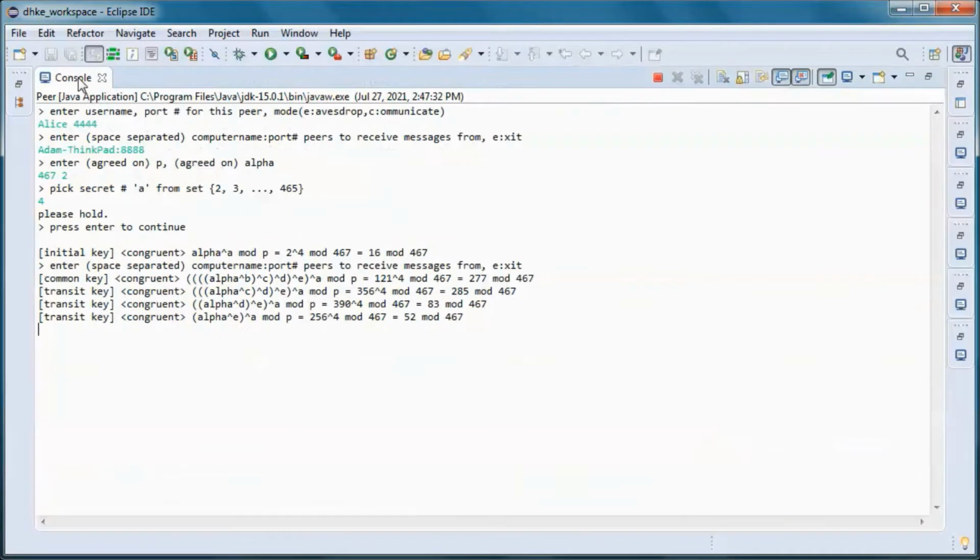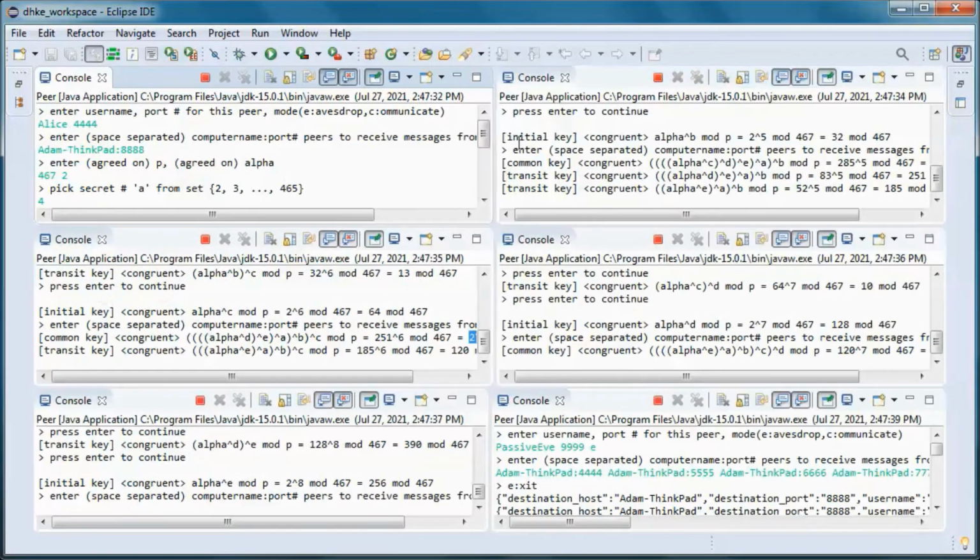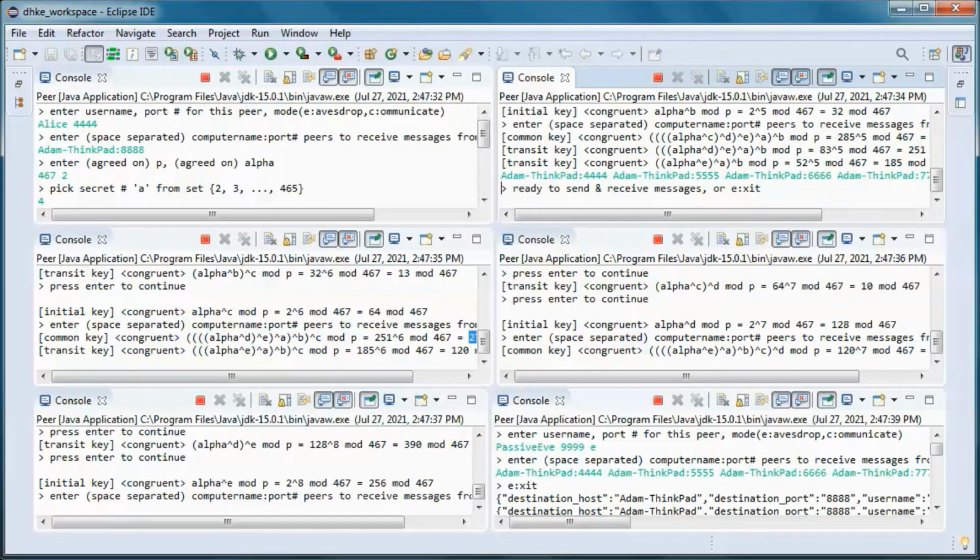Actually, before having them try to communicate, let's have each one of them be able to receive messages from all other peers, from all other communicating peers. So we're entering here, and we'll do the same thing for each one.